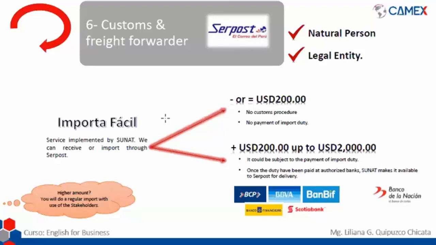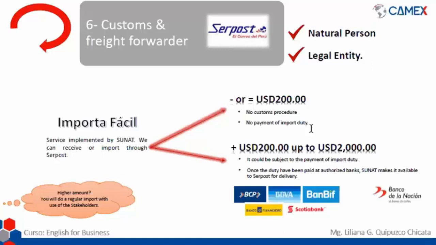If you are importing $200 or less, you don't have any customs procedures and you don't have to pay any import duty. You will just have to wait until the product gets to your house. It usually takes from 30 to 90 days. But depending on your Surpost agency, according to where you live, it could take a little longer.